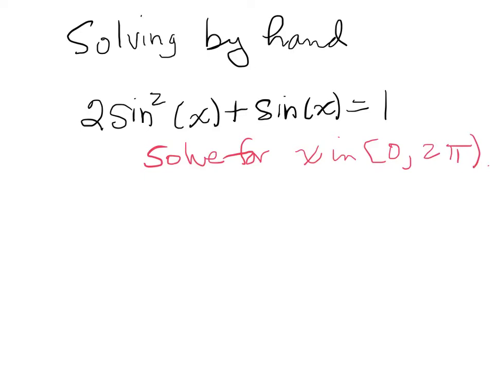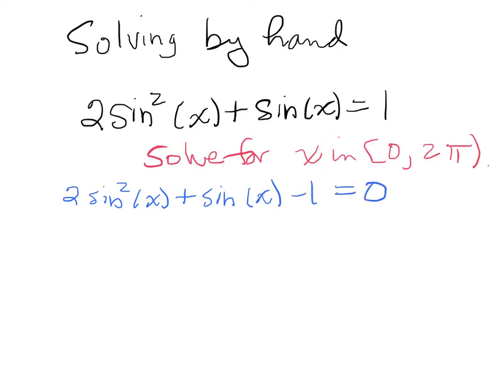As you know with quadratic equations, if we're hoping to factor it or use the quadratic formula, the first step is always to get everything on one side. So this would be how we would rewrite it. And then we try to factor it. That should be a fairly easy factoring form for you.